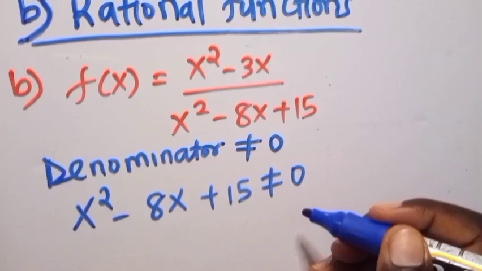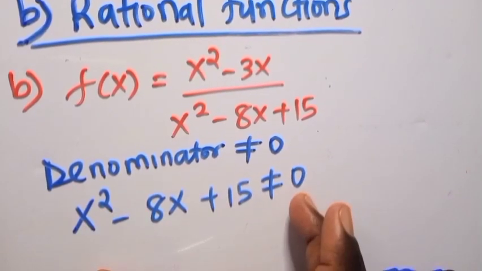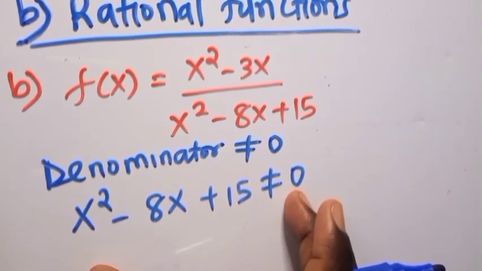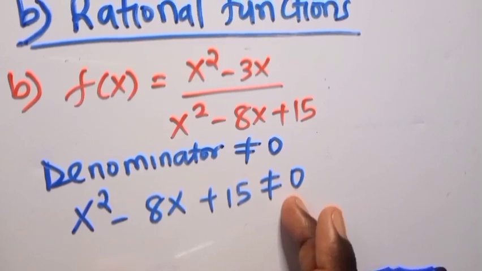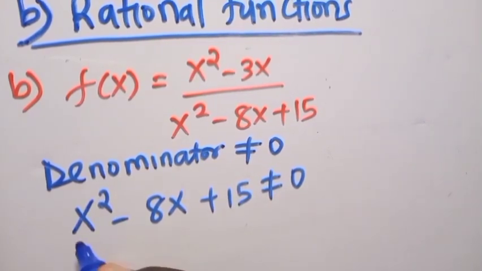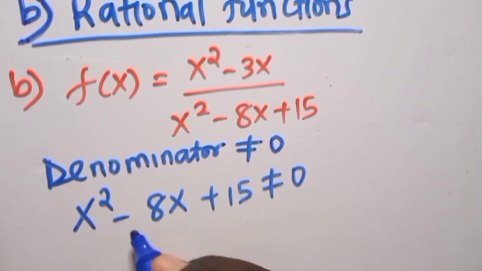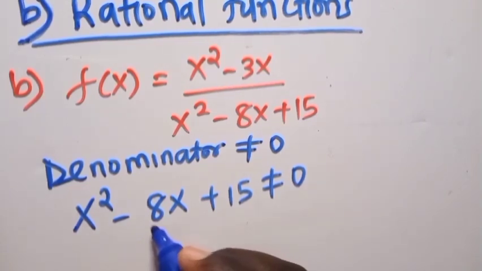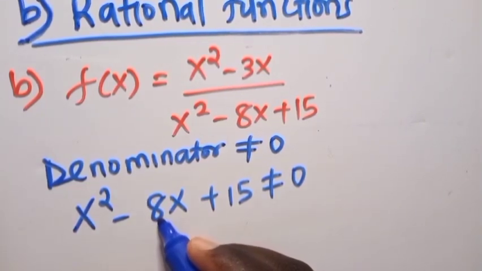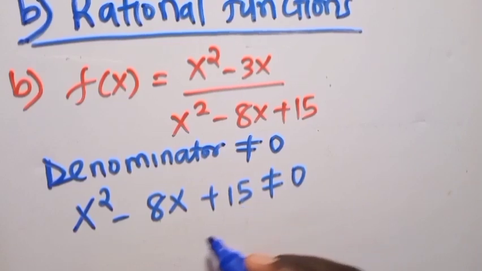Then we can proceed to use the factorization method, because this is a quadratic expression. The sum should be -8 and the product should be 15.